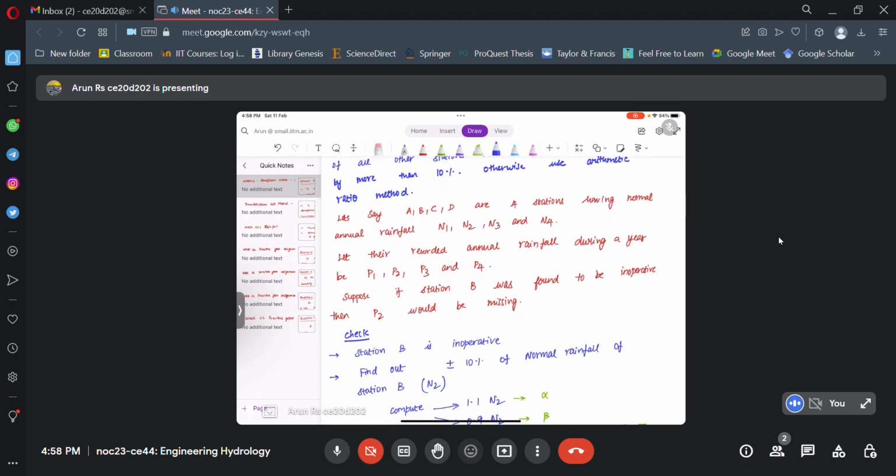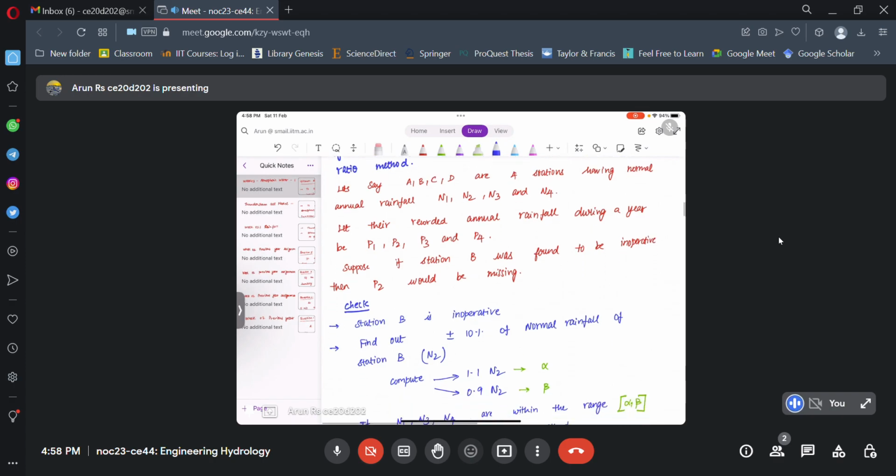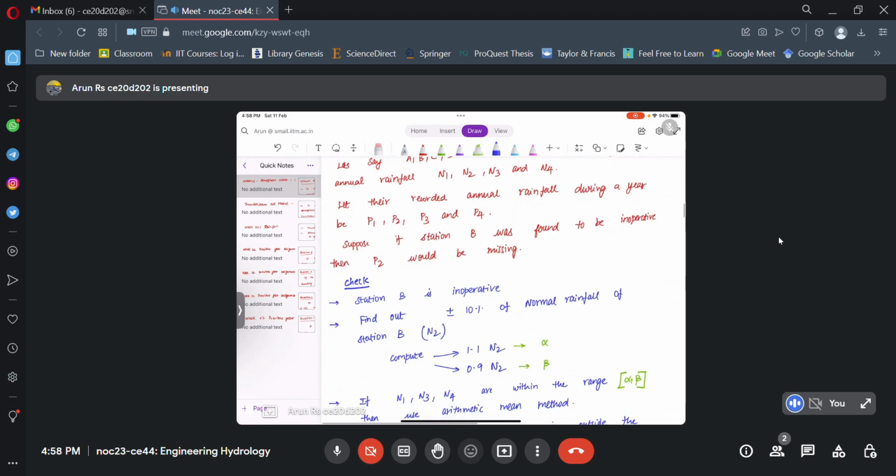So to explain this, let's say we have 4 stations A, B, C and D, and these 4 stations are having normal annual rainfall N1, N2, N3 and N4. Now these 4 stations in a year record the precipitation as P1, P2, P3 and P4.